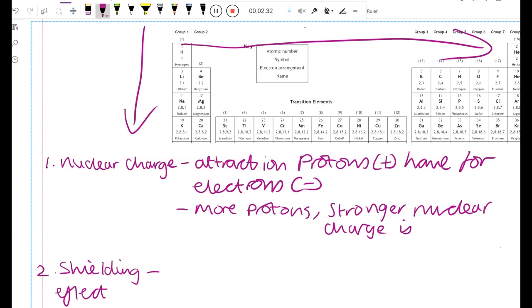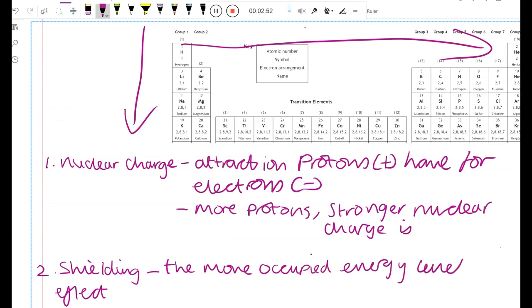So essentially, the more occupied energy levels you have, the greater the shielding effect.